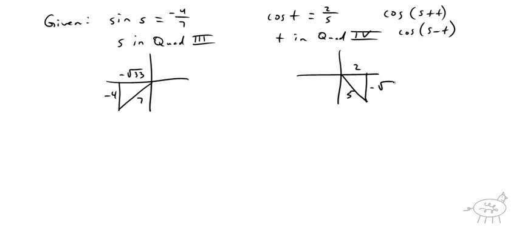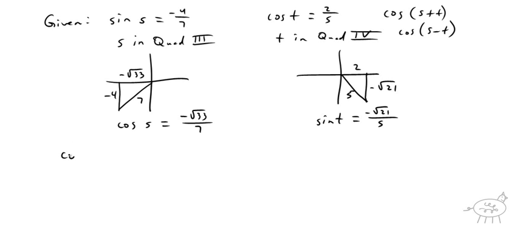And then this is going to be negative root 21 over here. All right, so cosine of S is equal to negative root 33 over 7, pretty easy. And sine of T is equal to negative root 21 over 5.